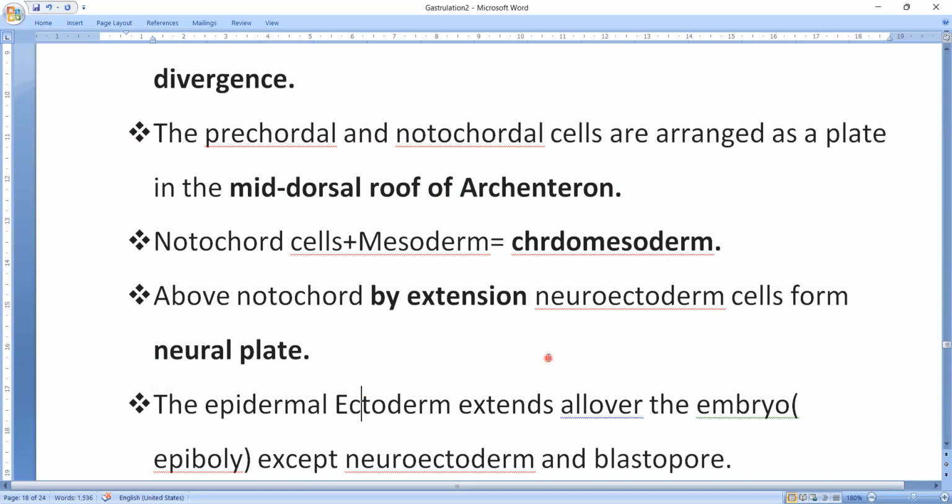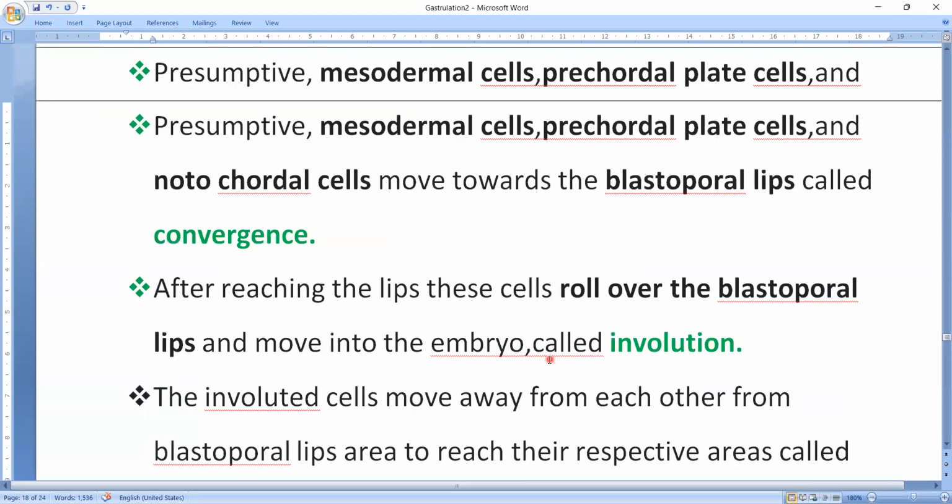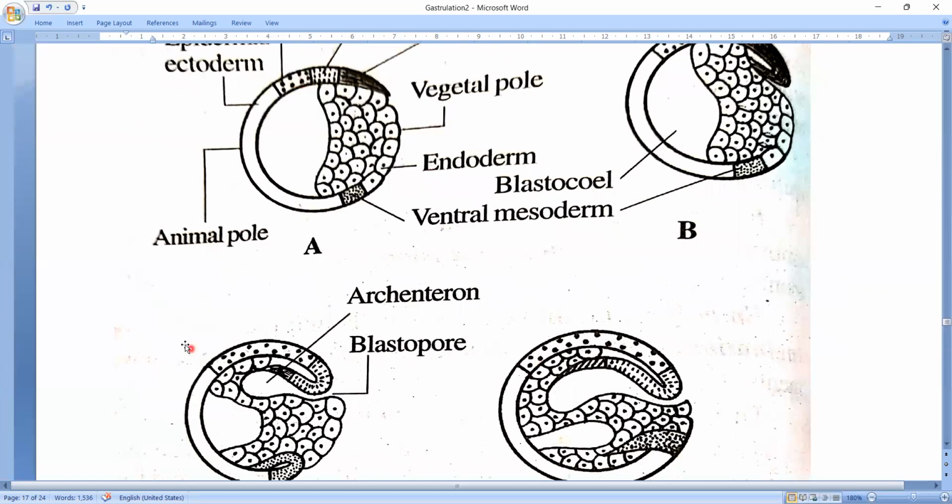So above the notochord, by extension, neurectoderm cells form the neural plate. So this one. Okay, so that is neurectoderm.